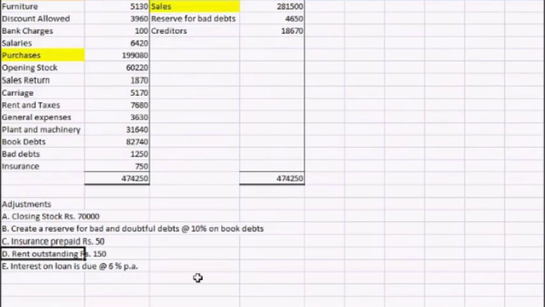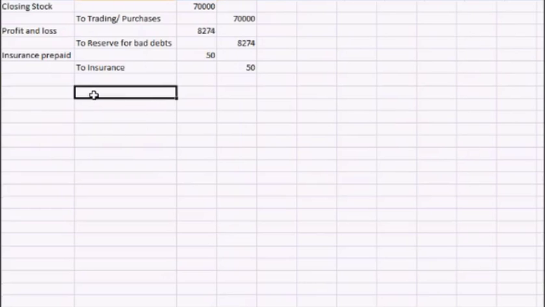Now we come to the fourth adjustment, that is rent outstanding. Any outstanding expense creates a liability, and every liability or increase in liability would be a credit.